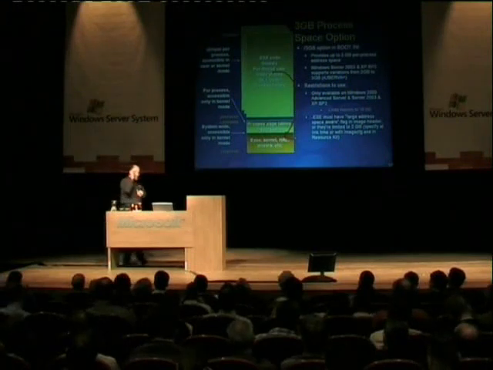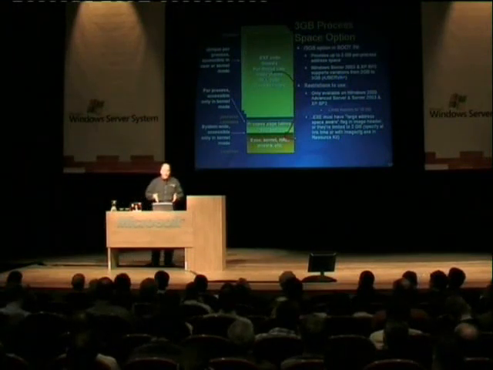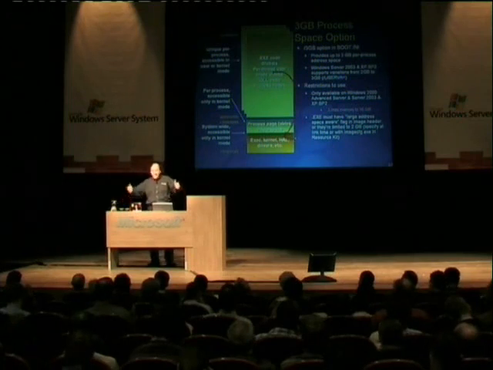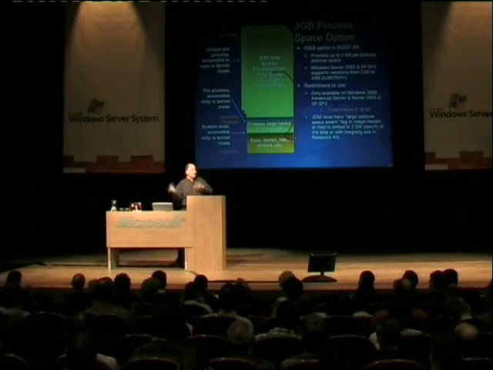But interesting that there is a way, even on the x86, to give processes 4 gigabytes and give the OS 4 gigabytes, but it requires then context switching when moving from process to OS and back. And that's expensive.